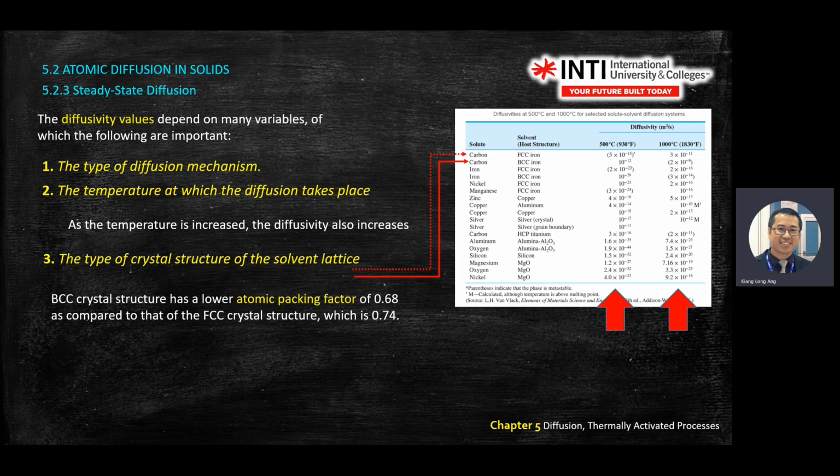You see the diffusibility value, right? So BCC will have a higher value compared to FCC. BCC is 10 to the power minus 12 if you look at the column for 500 Celsius, and FCC will be minus 15. Why? Because BCC has more space for you to fill in.